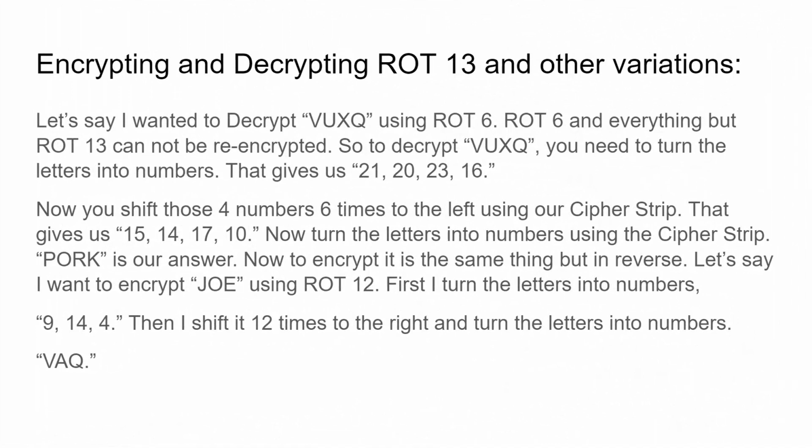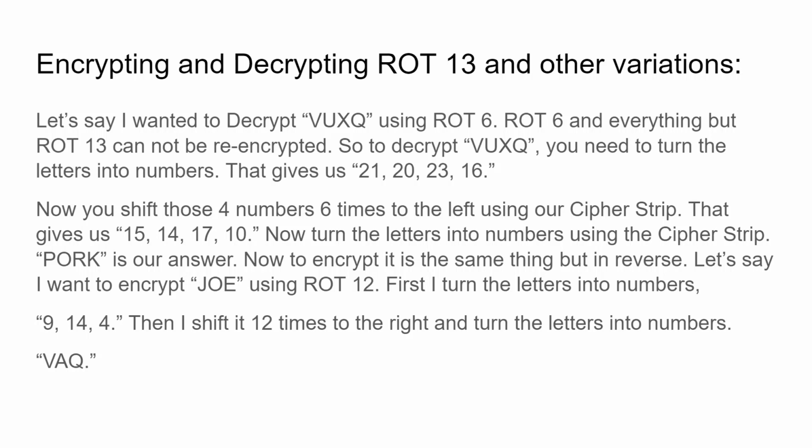Now to encrypt it is the same thing but in reverse. Let's say I wanted to encrypt Joe using ROT12. First, I turn the letters into numbers: 9, 14, 4. Then I shift it 12 times to the right and turn the numbers into letters. VAQ.